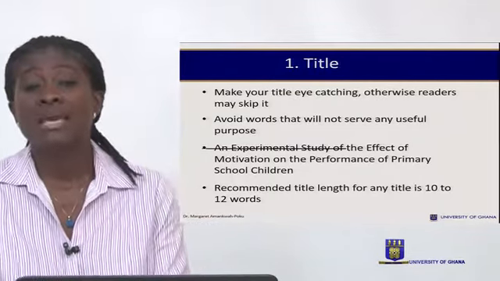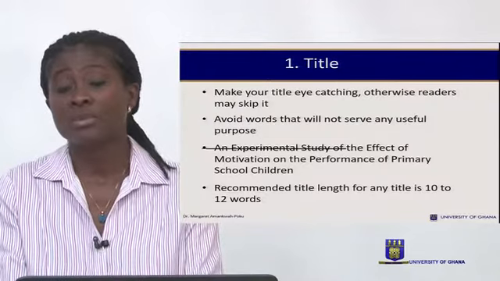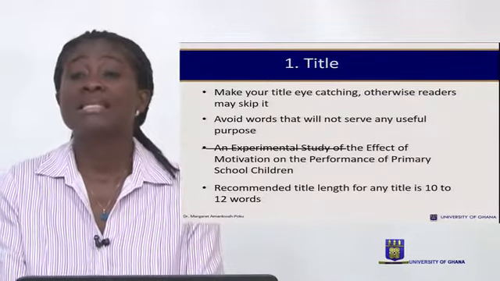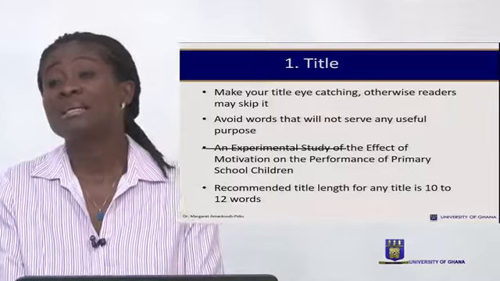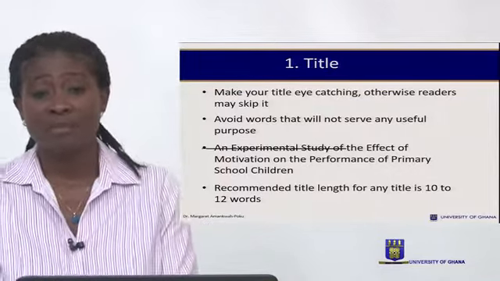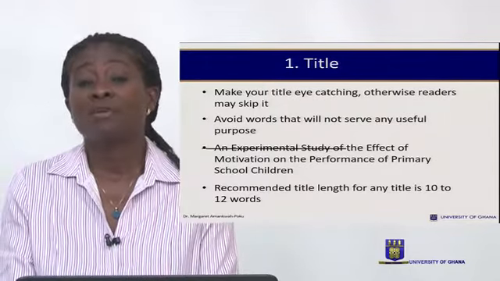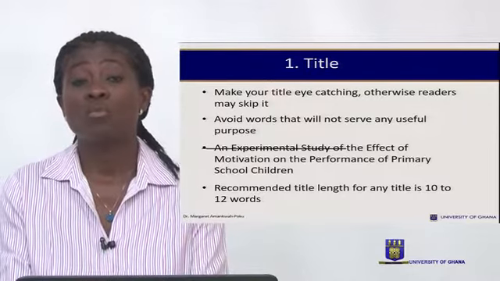So rather we would say the effect of motivation on performance of primary school children. So you do away with a study of, an experimental study of, an investigation into, etc. And APA recommends that the word length for your title should be between 10 and 12 words.